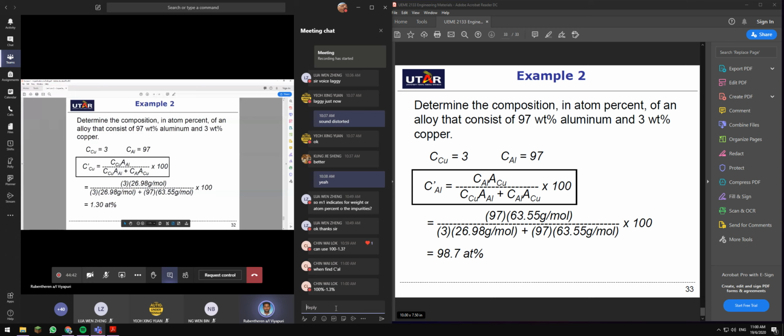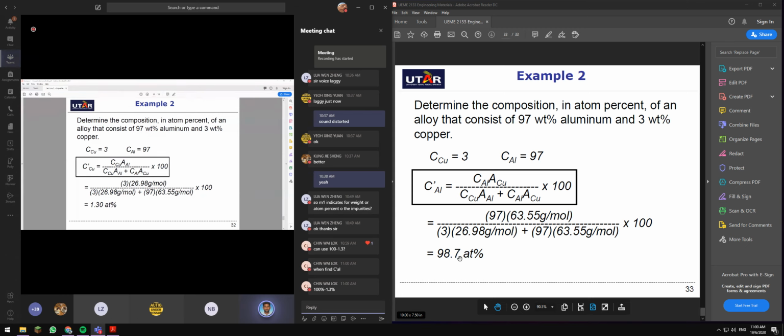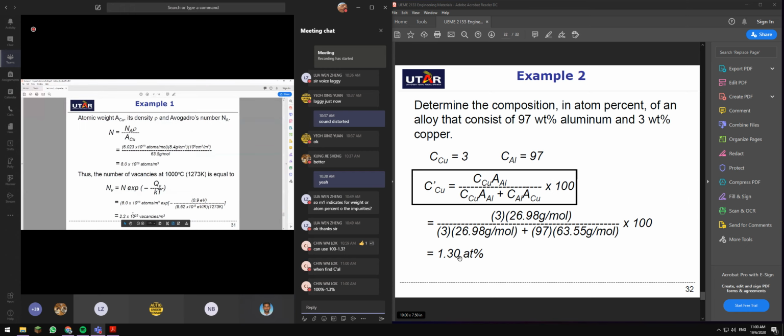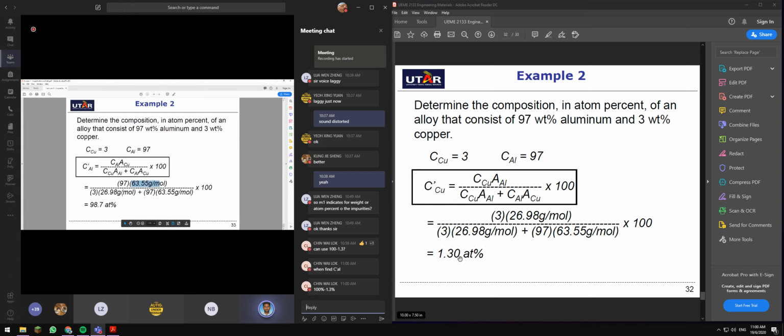But this is the formula. If you can simplify this, then it shouldn't be a problem.